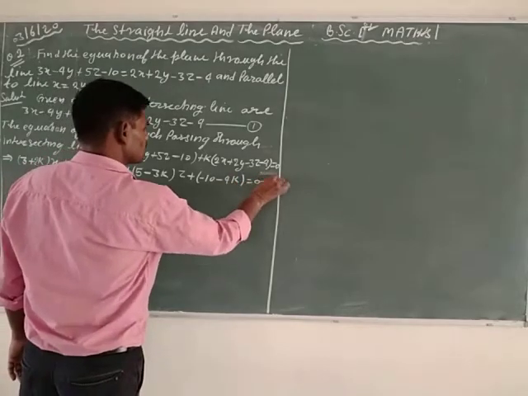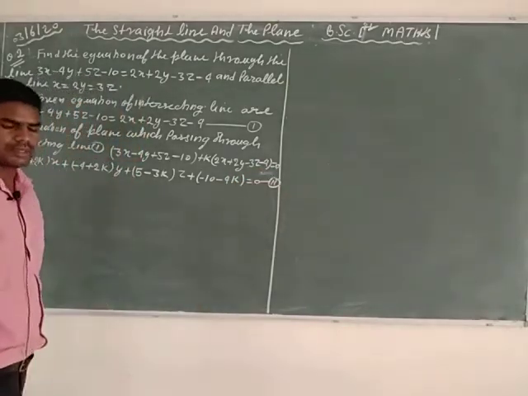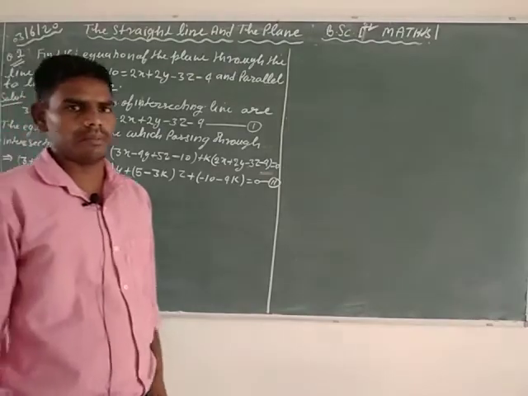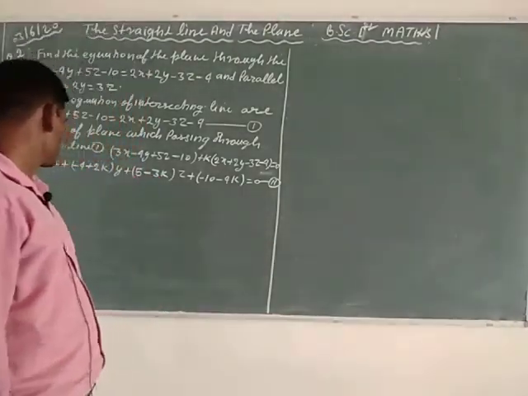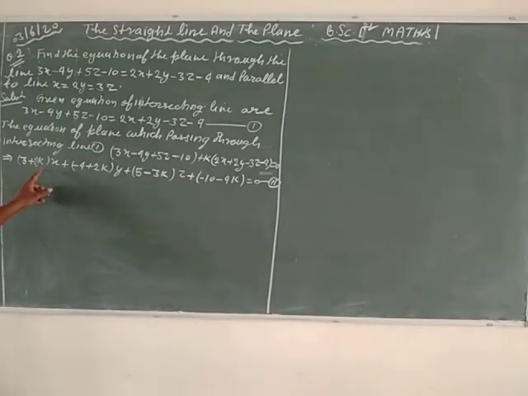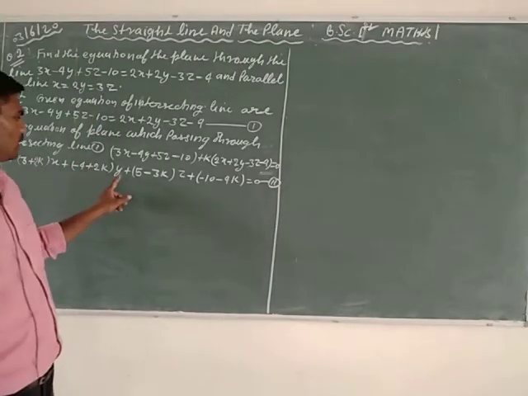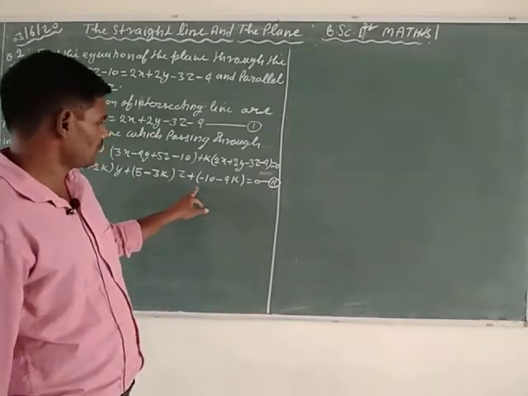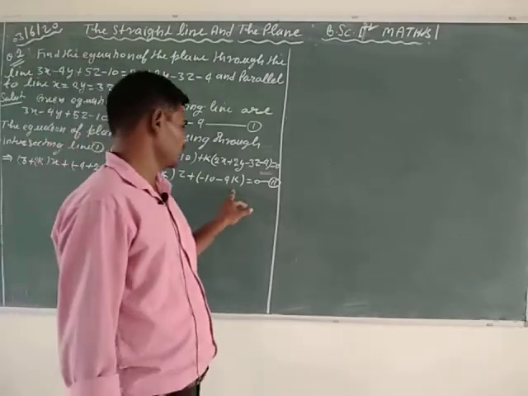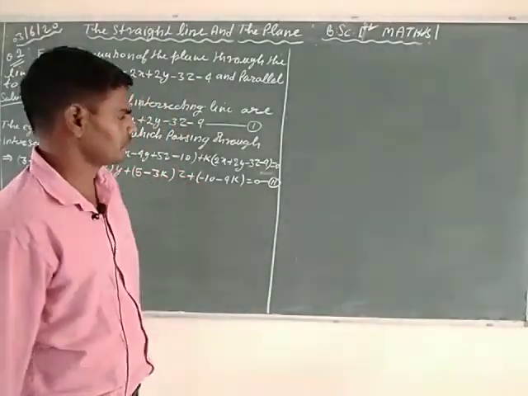Suppose that is equation second. So in equation second, the equation of the required plane is 3 plus 2k times x plus minus 4 plus 2k times y plus 5 minus 3k times z plus minus 10 minus 4k is equal to 0.